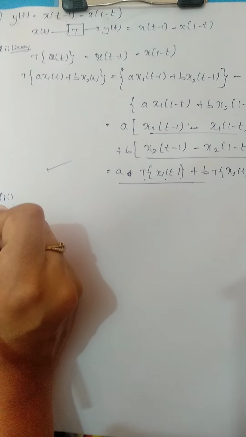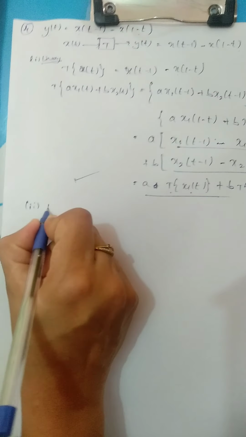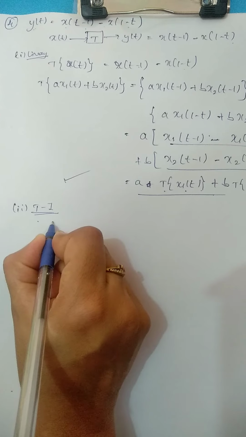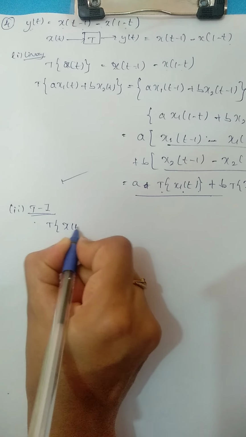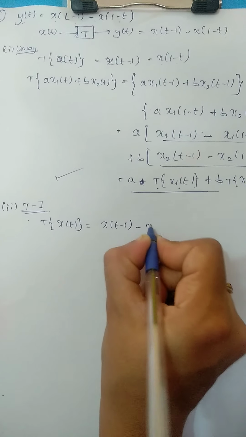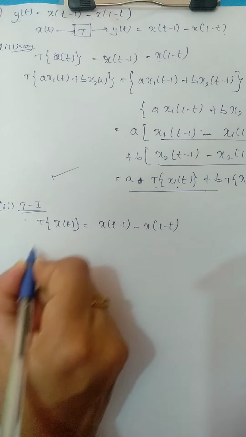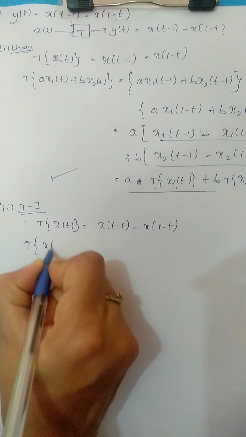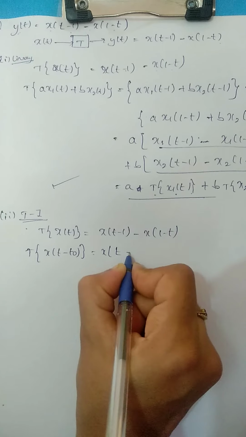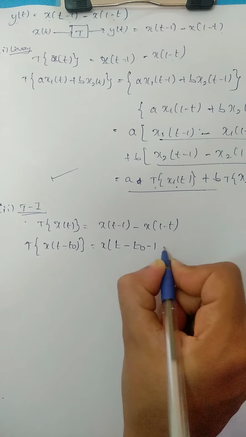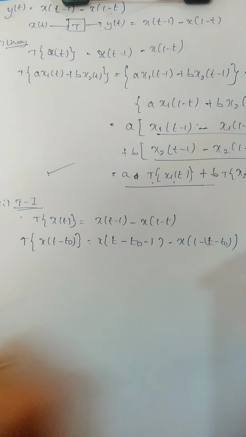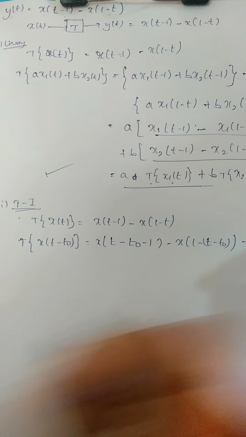Second property is time invariance. For the time invariance property, first we need to consider T of x of t is equal to x of t minus 1 minus x of 1 minus t. If we replace x of t by x of t minus t naught, we get x of t minus t naught minus 1 minus x of 1 minus t naught. This is equation number 1.